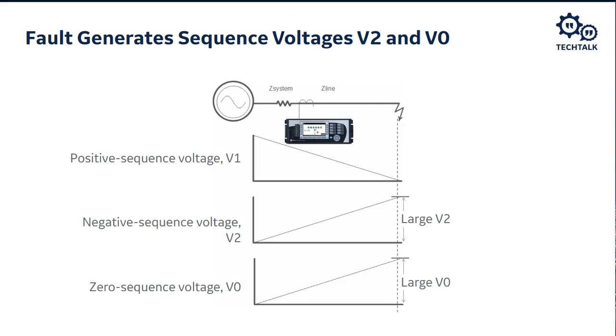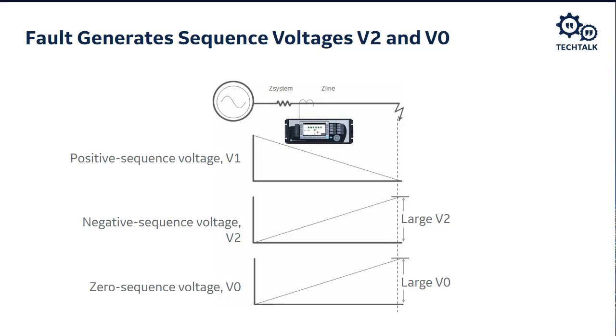And that polarizing quantity can be either V0 or V2 for a phase to ground fault. And if we have a large impedance in front of us and a small impedance behind us, then we may not have a large enough negative sequence or zero sequence voltage to actually polarize our ground directional overcurrent. And so that's a problem in the power system, right?